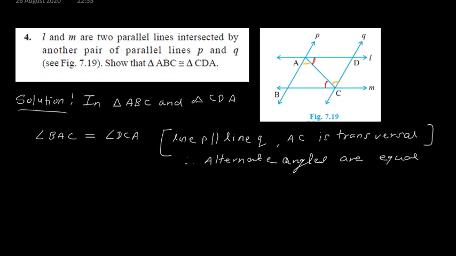Okay. The same you can write for the other two angles also, but between them we have side AC. We have side AC equal to CA. Okay, they are the same sides, but I am writing according to their correspondence, AC and here CA. So AC is equal to CA.